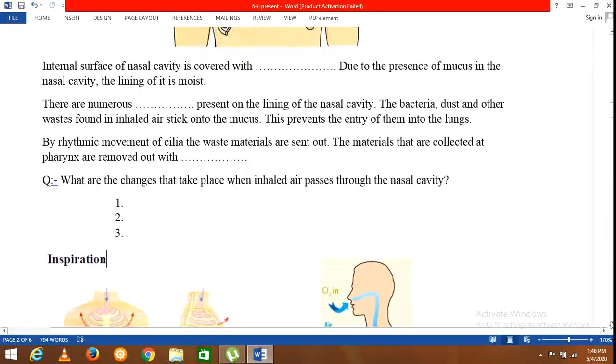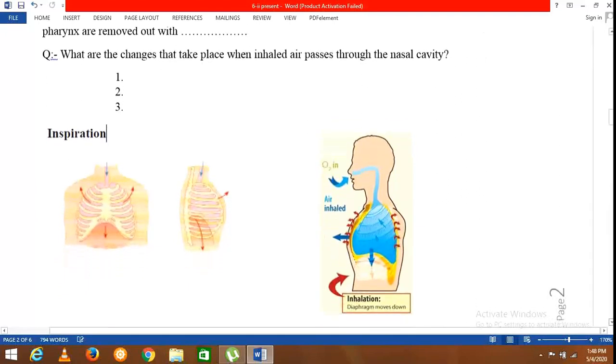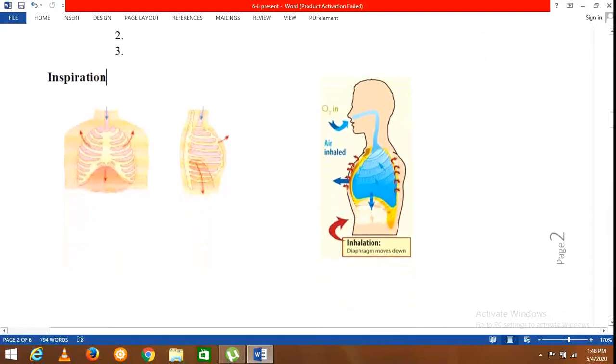So far we have discussed the external gaseous exchange, or the exchange of gases between the external environment and lungs. This consists of two stages, what we call inspiration and expiration, or the inhalation process and the exhalation process.